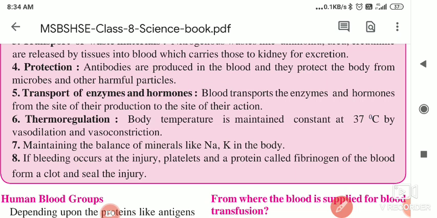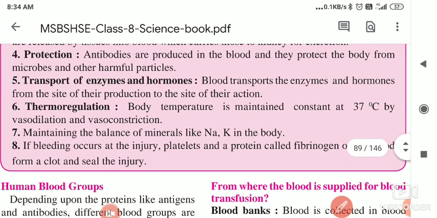Next is the transport of enzymes and hormones. We know that in our body many enzymes and hormones are produced at a particular place or particular gland, like growth hormone.